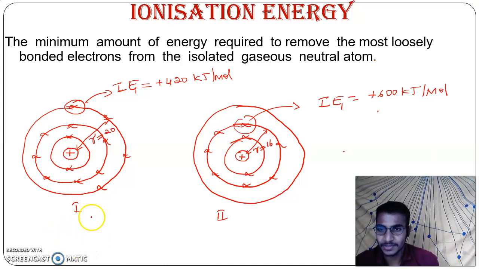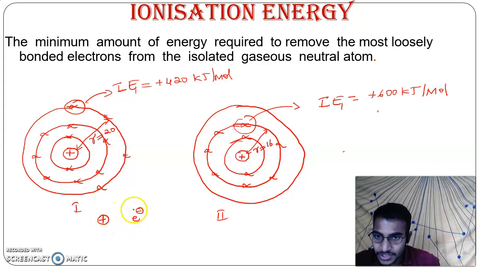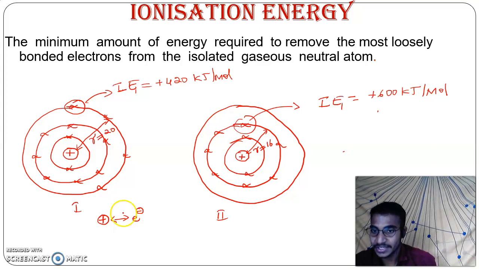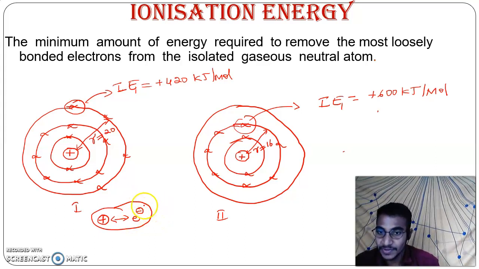And we also know that the nucleus is positively charged and the electron is negatively charged. So when an electron is nearer to the nucleus, listen properly, the attraction will be more. So to remove an electron from that particular shell, we require more ionization energy.